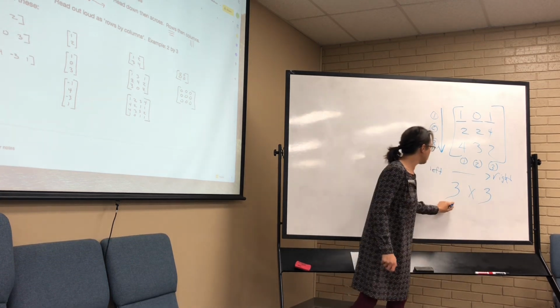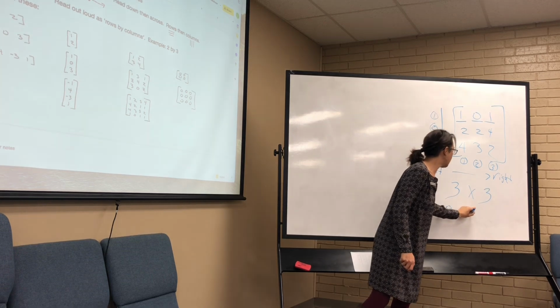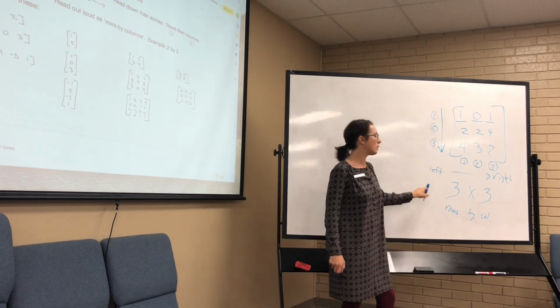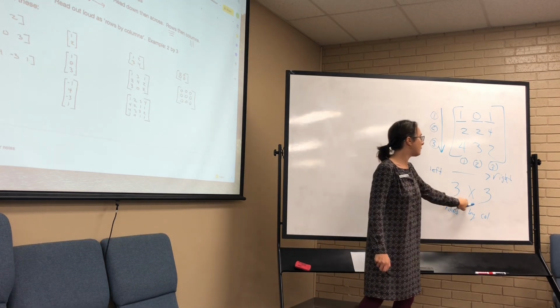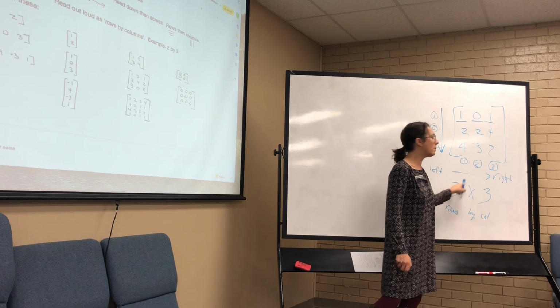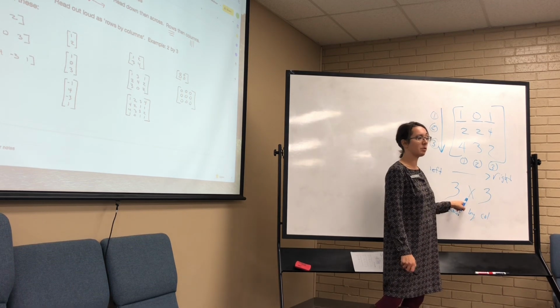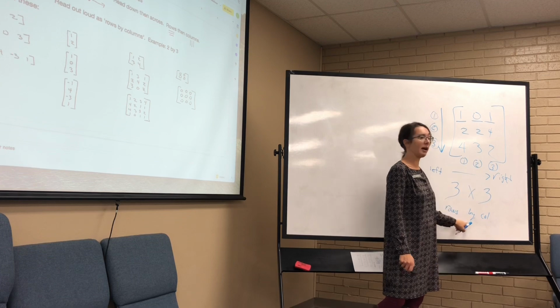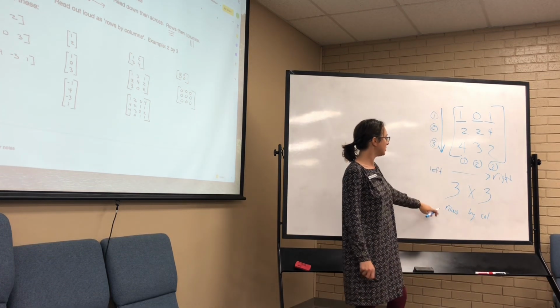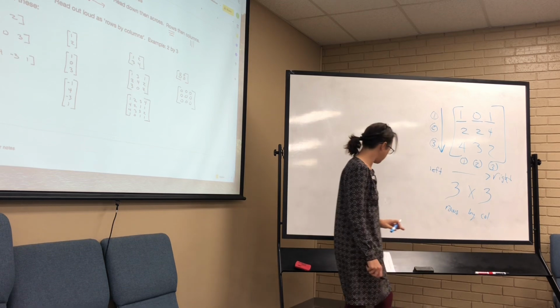So we have rows by columns. It is read 3 by 3. This X is not multiplication here. It is read "by." It is telling us the size, the dimensions of it.